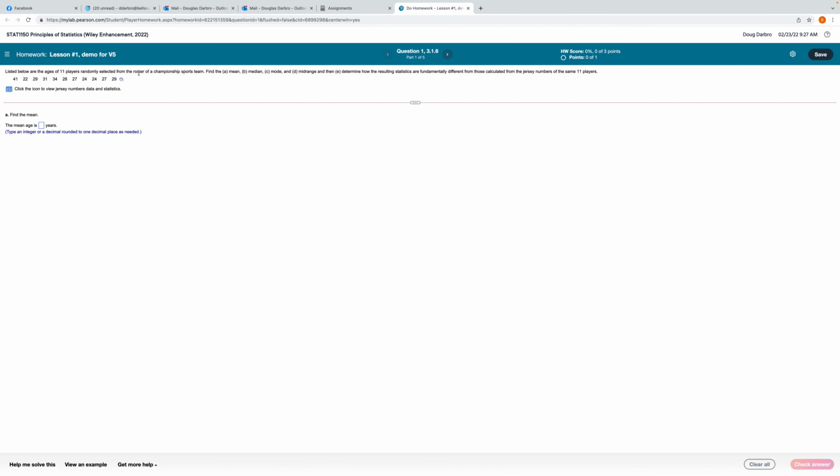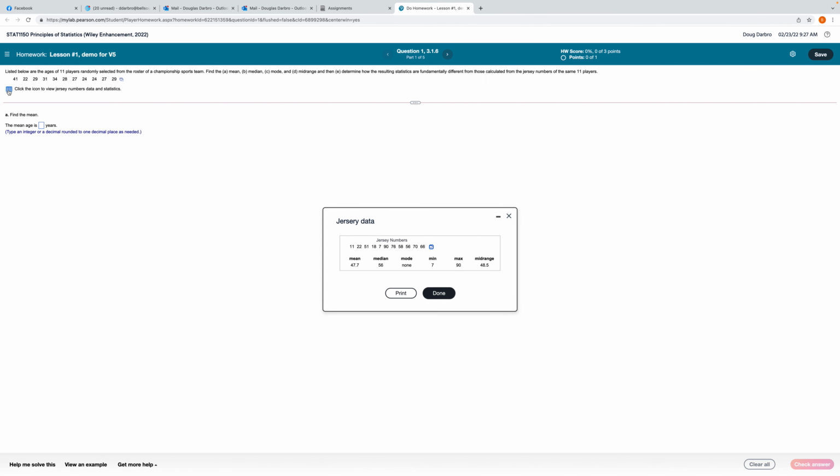So 11 players, these are the ages, and these are the jersey numbers. Again, this is confusing. So we want the mean, median, and mode for the ages. Okay, so we need to use this data set.